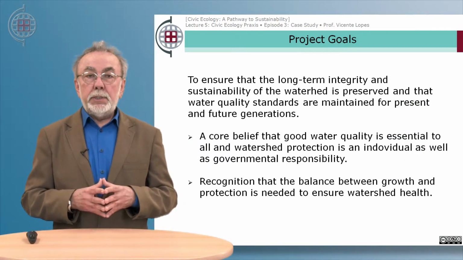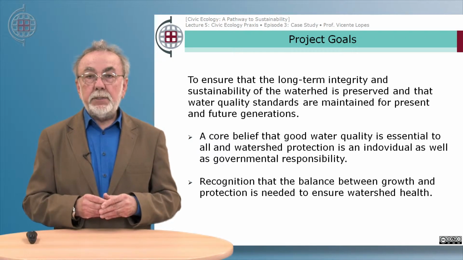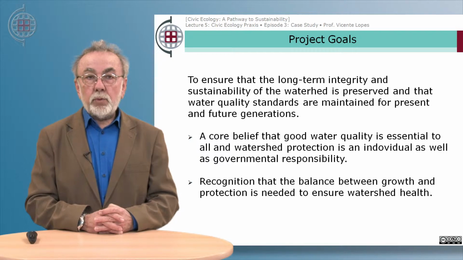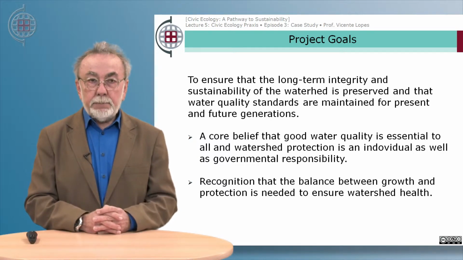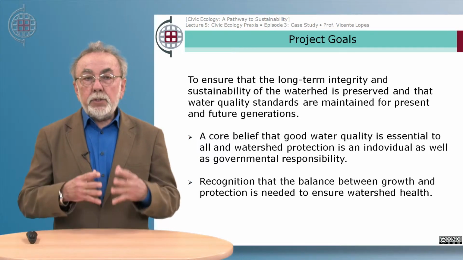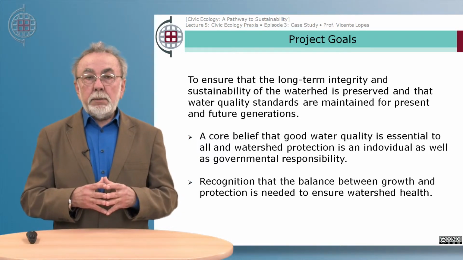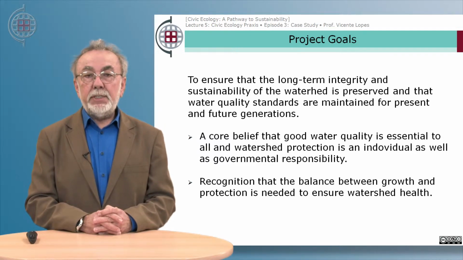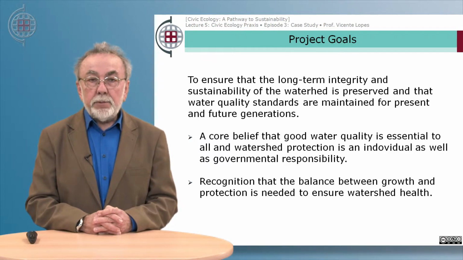Now, the primary goal of this project was to ensure that the long-term integrity and sustainability of the watershed is preserved and that water quality standards are maintained for present and future generations. This goal was based on a core belief that good water quality is essential to all, and watershed protection is an individual as well as governmental responsibility.